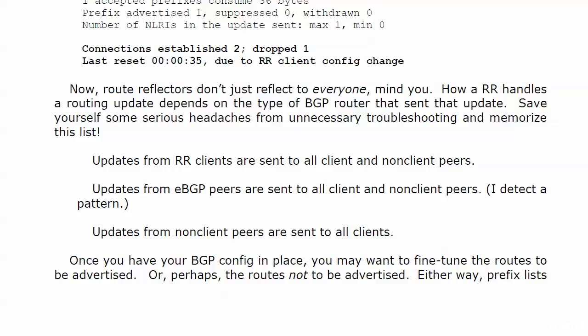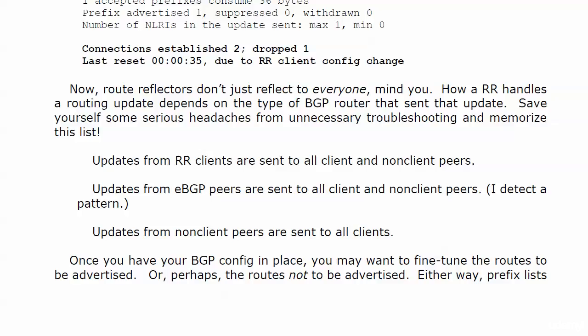However, updates from non-client peers are sent to all clients, but not all non-client peers. That's the one you got to watch. Anytime you've got non-client peers in there, that's a bit of a red flag. I better really watch what I'm doing here. And that's the key one to remember, that when a route reflector gets an update from a non-client peer, it's going to send that update to all of its clients, but not other non-client peers.